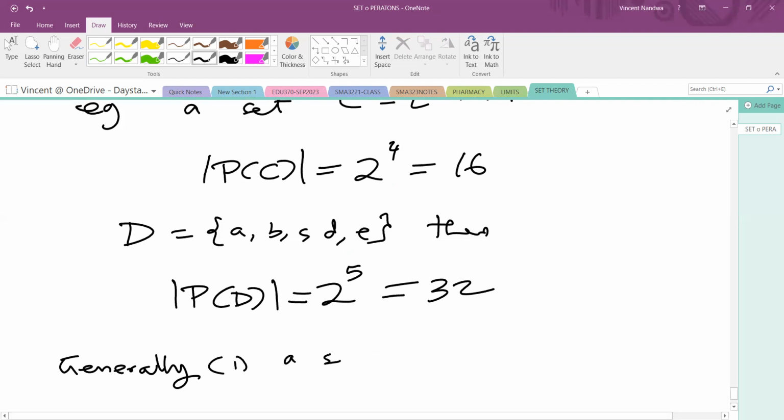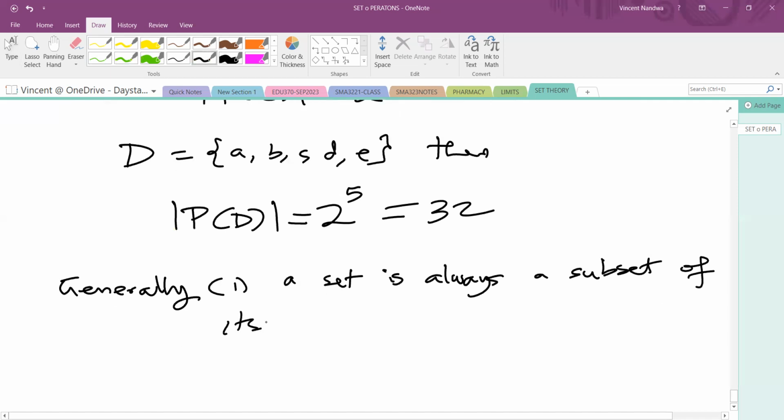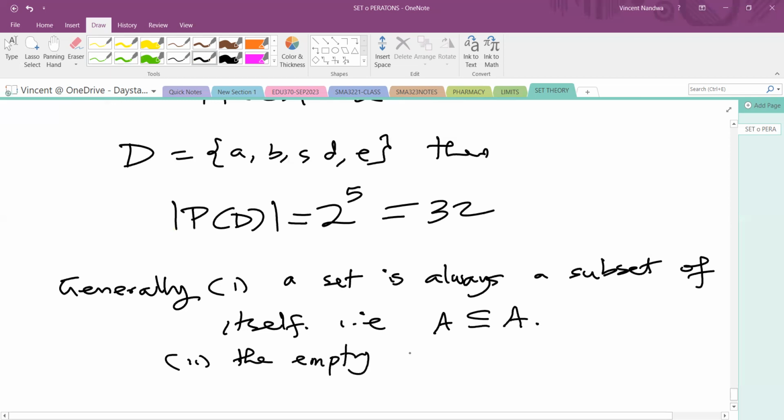And then generally, a set is always a subset of itself. So I mean that for any set A, A is a subset of A. And then number 2, the empty set is a subset of any set.